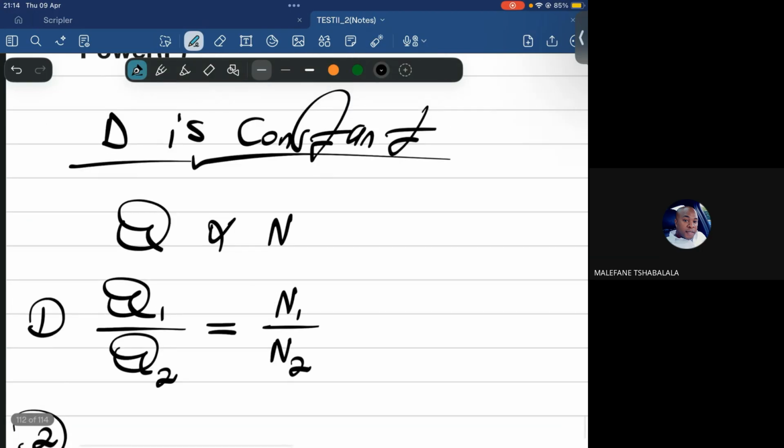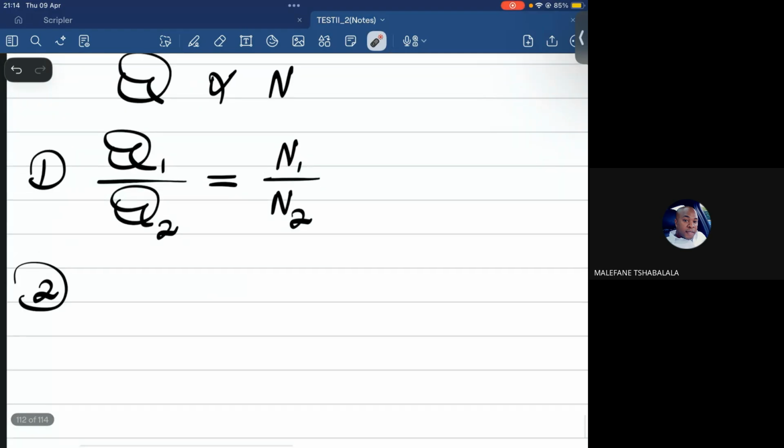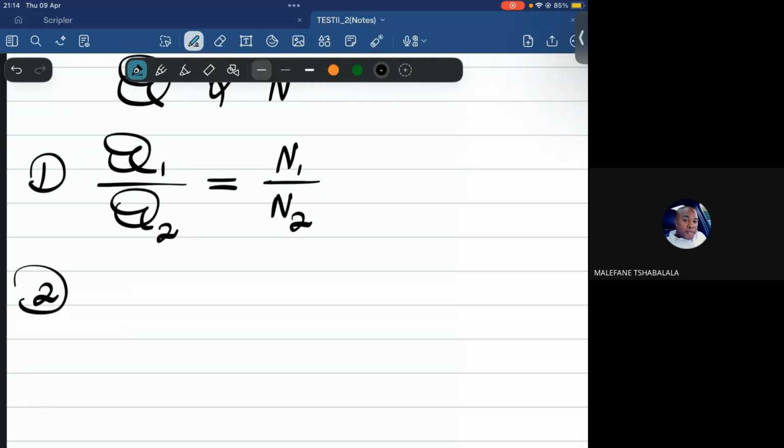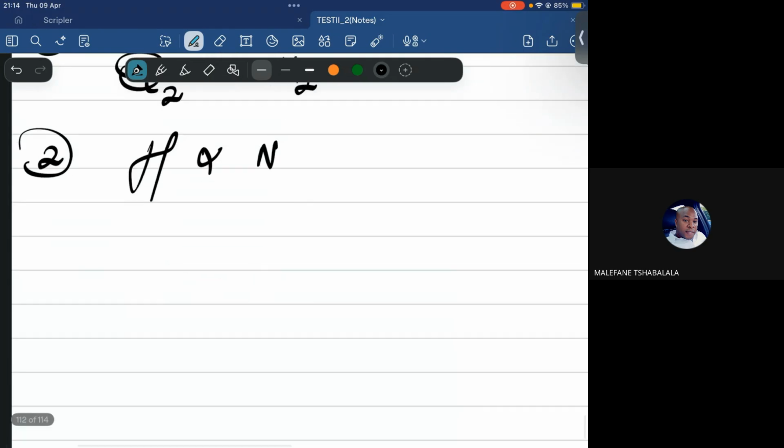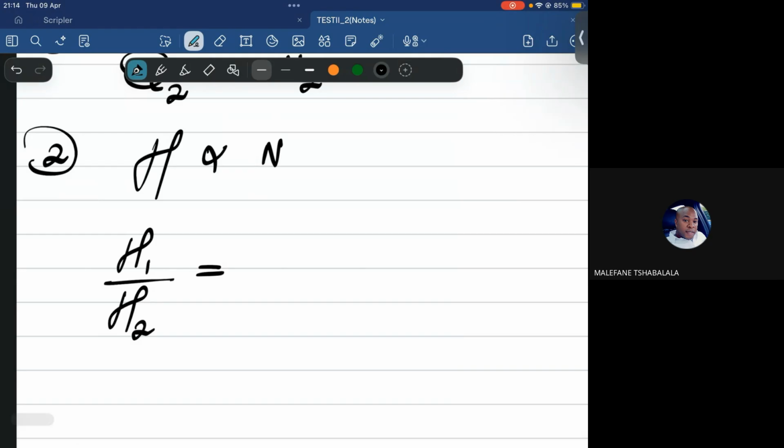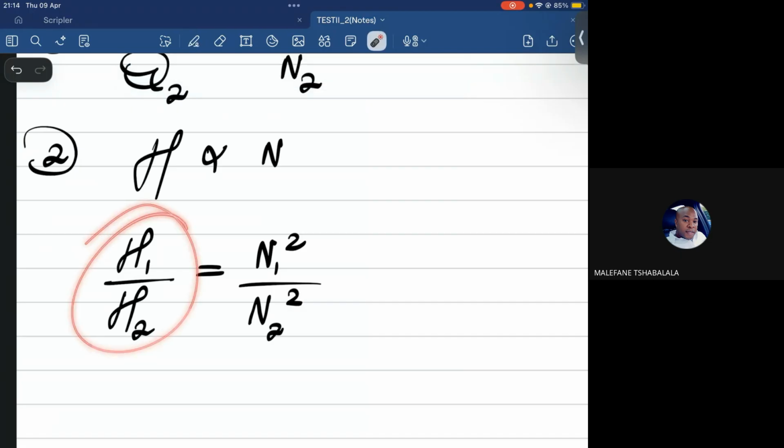If the diameter is constant, this means that the head will be directly proportional to the impeller speed as well. So head of pump number 1 per head of pump number 2 will be given by the impeller speed of pump number 1 squared divided by the impeller speed of pump number 2 squared.